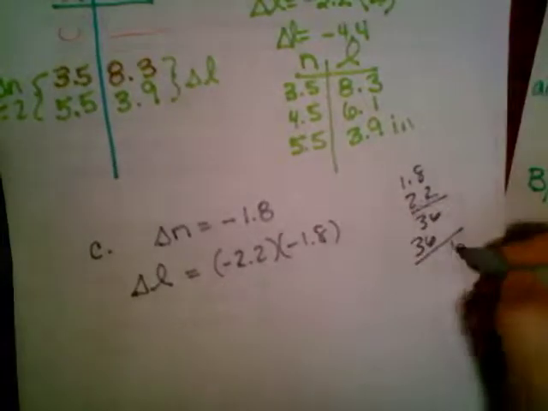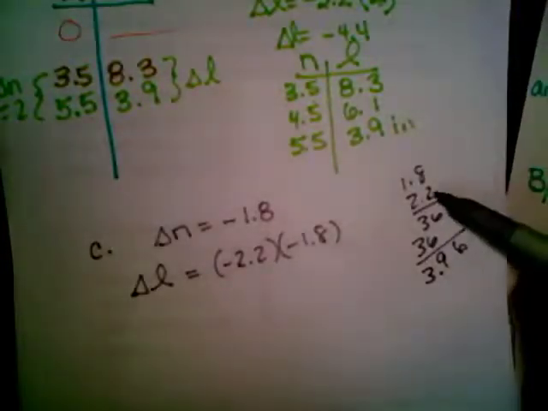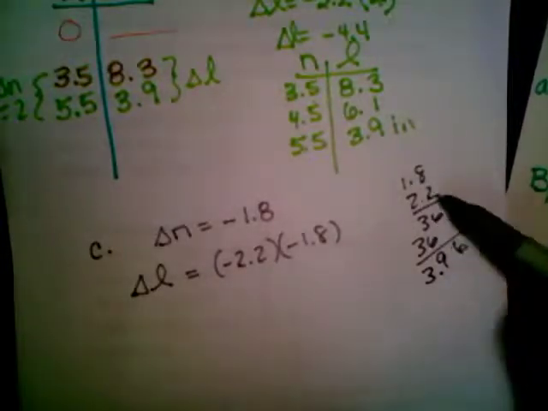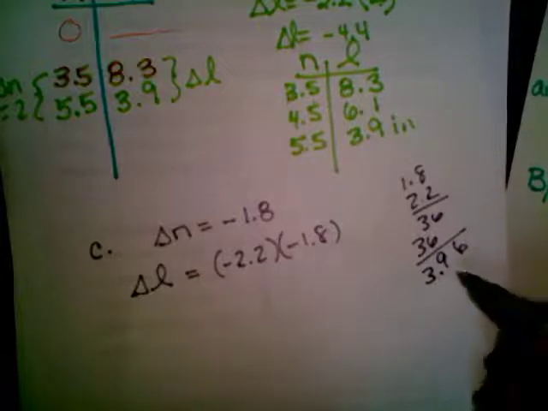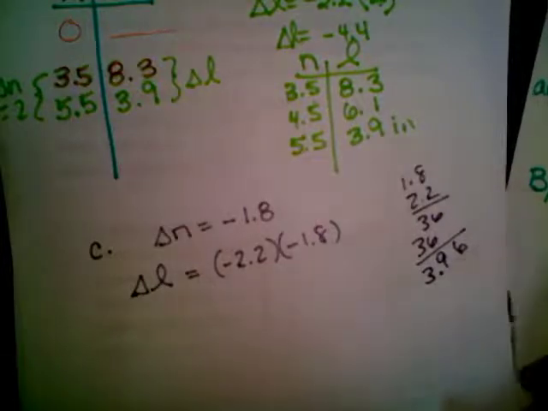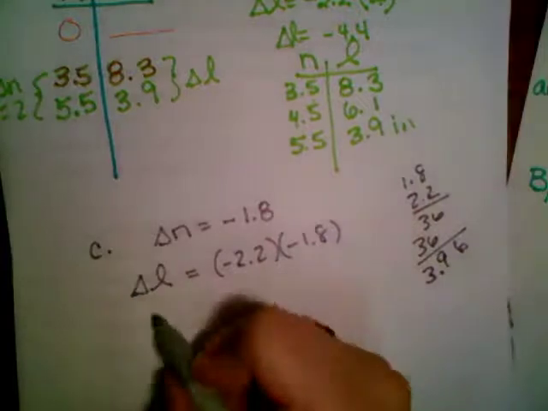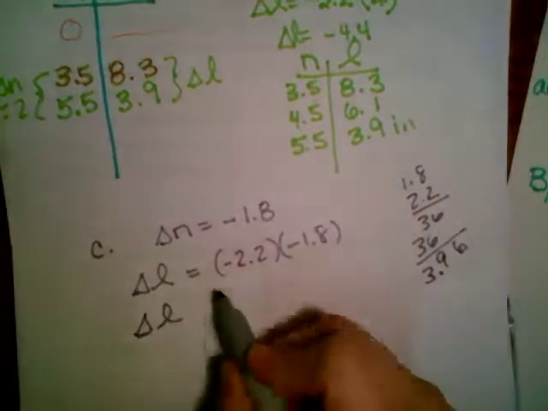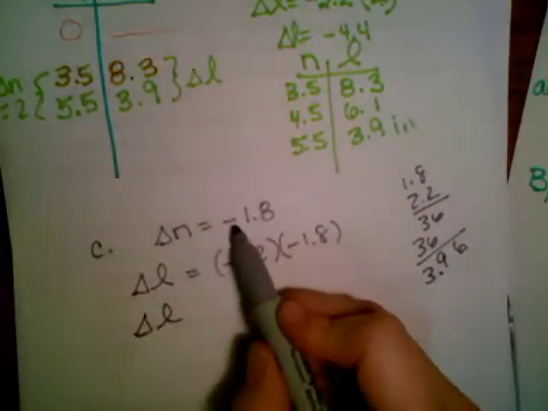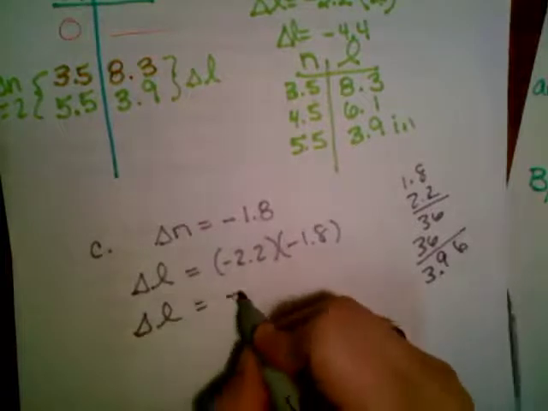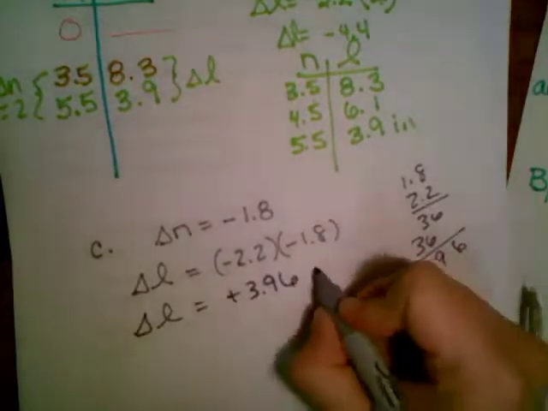Maybe you can double check me on this. I hadn't worked through this. Twice 18 would be 36. We have 2 decimal points, so almost an increase of 4 inches. Okay, change in L that corresponds to a change in N of negative 1.8 would be a positive 3.96 inches, where N was in hours.